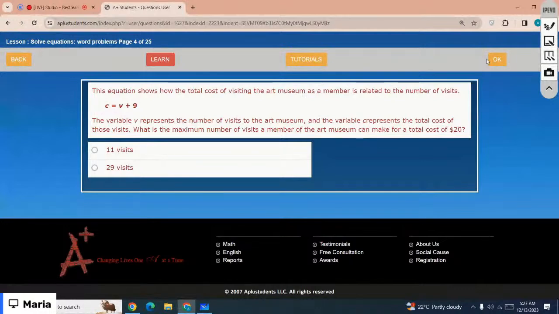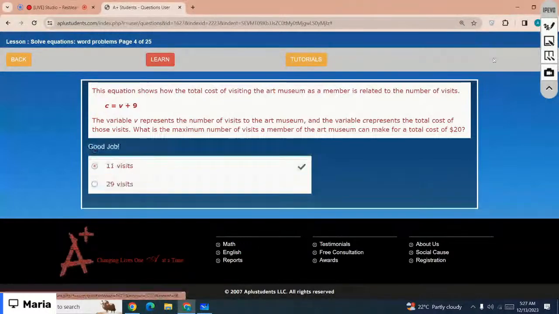You are given cost is 20, right? Move 9 to the other side, so that would be 11 visits. That means with the cost of $20, she can do 11 visits, right?